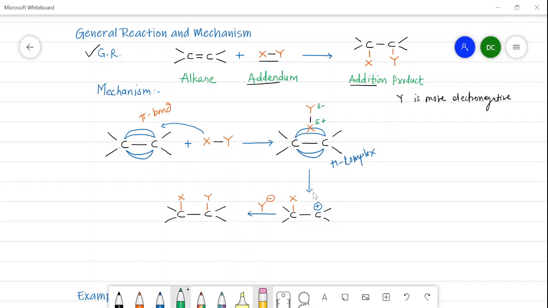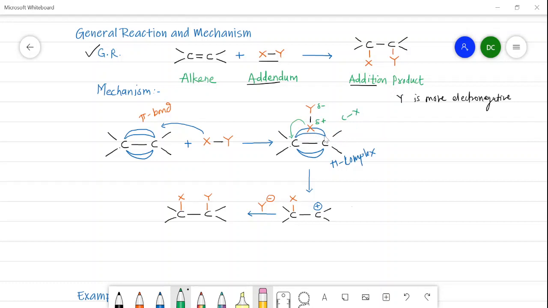Now, in the next step, this pi complex will collapse to form a carbocation. So this X, which is more electropositive, is going to attach on this carbon or on this carbon. When it attaches to this carbon, the other carbon possesses a positive charge because the pi electrons which are present here are utilized in the formation of the carbon X bond.